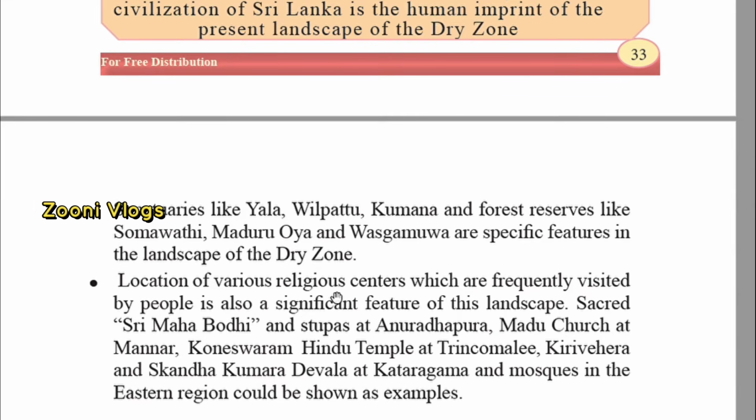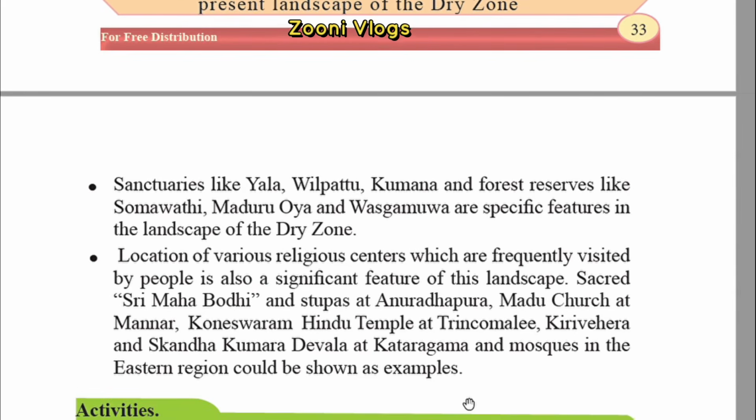The location of various religious centers which are frequently visited by people is also a significant feature of this landscape. Sacred Sri Maha Bodhi and stupas at Anuradhapura, Madhu Church at Mannar, Koneswaram Hindu temple at Trincomalee, Kirivehera and Skanda Kumara Devalaya at Kataragama. I think you know about this Devalaya. Kataragama and mosques in the eastern region could be shown as examples.